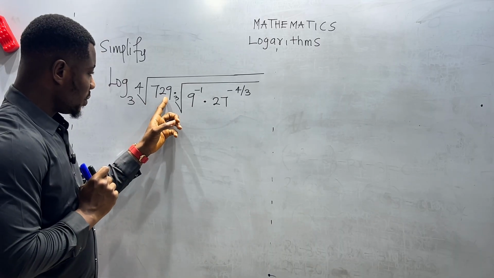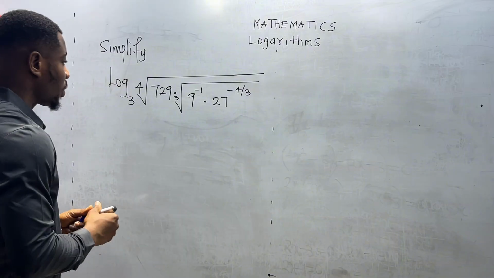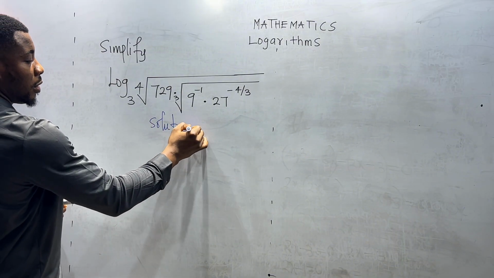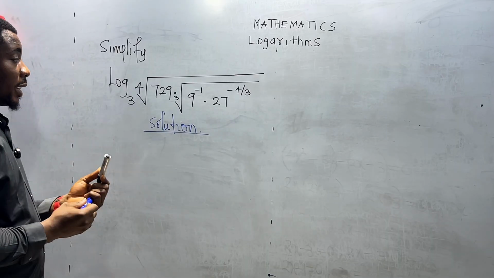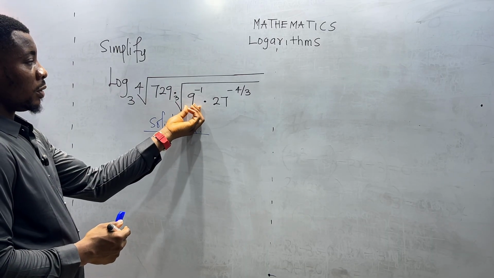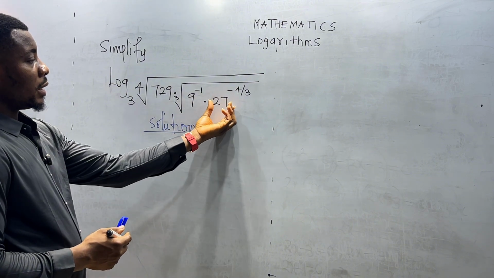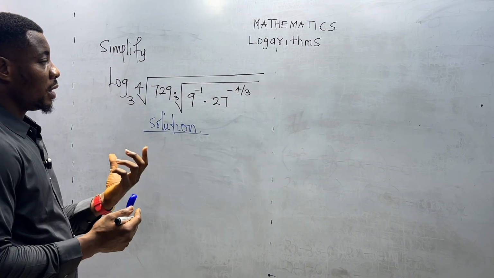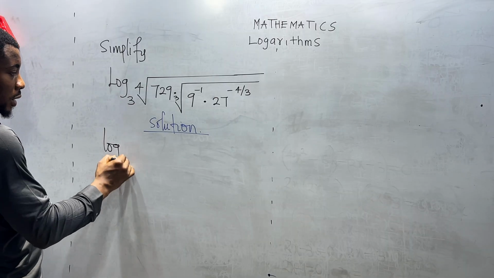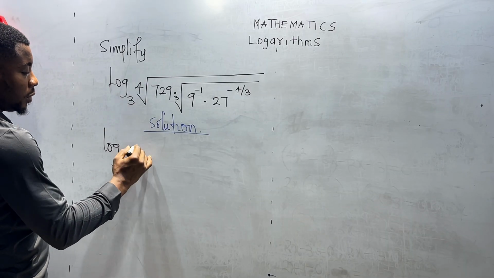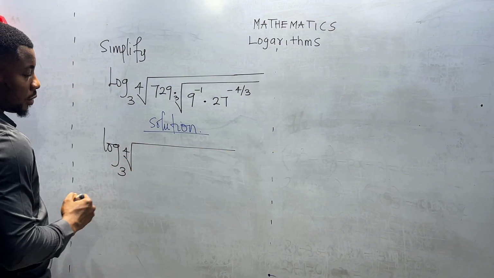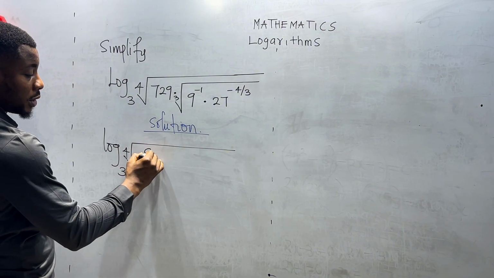7 to 9 is the same thing as 3 to the power of 6. 9 is the same as 3 to the power of 2. And 27 is 3 to the power of 3. So we can say from here, that log 3 fourth root. So 3 fourth root is 3 to the power of 6.